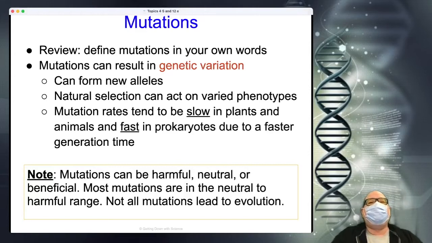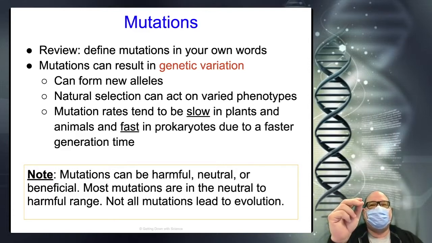So mutations result in new genetic variation, and when these show up, we get new alleles, and we get natural selection acting on these new phenotypes. Okay, let's take a look at some things about mutations here.